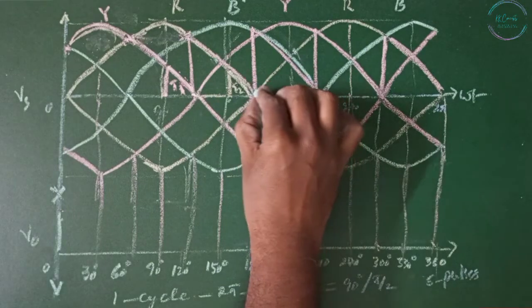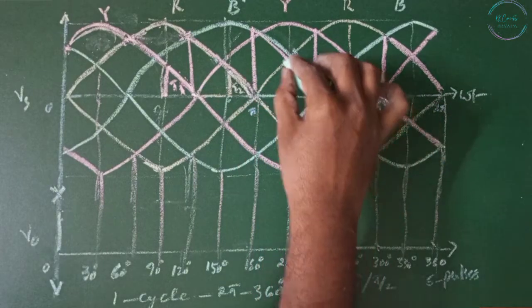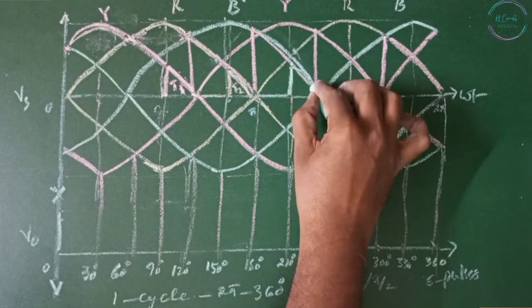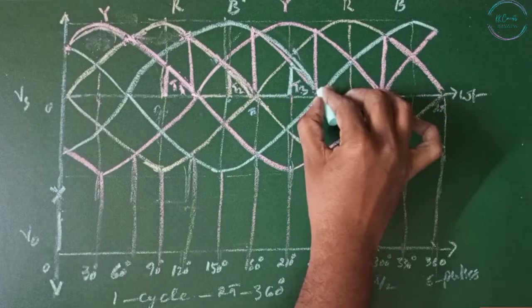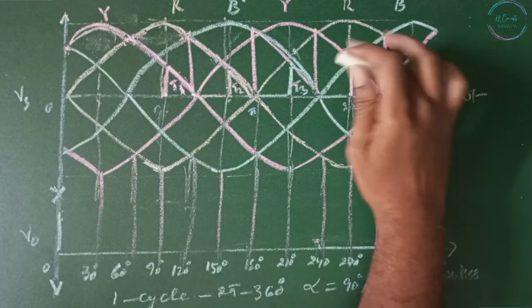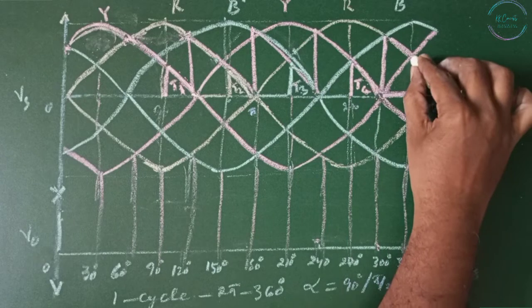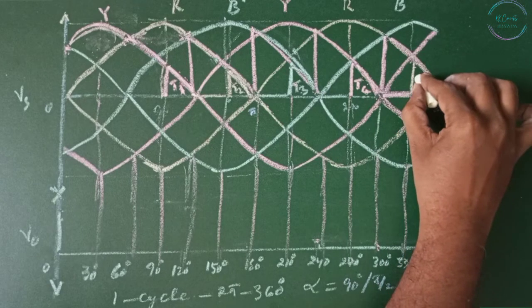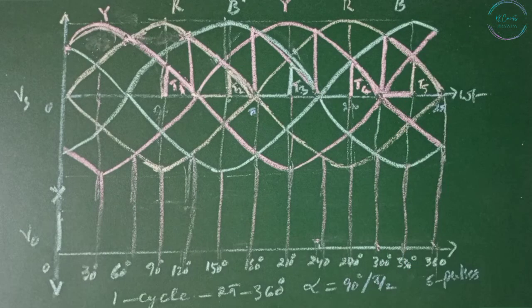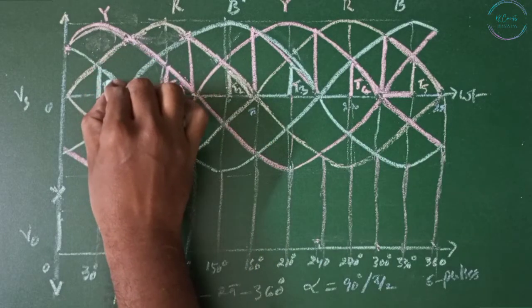It's going to continue at 0, and the next thyristor to turn on is B dash, that is T3. Then it's going to stay at 0. This is Y at T4, and this is R dash, that is connected to T5. Next, T6 is going to turn on.